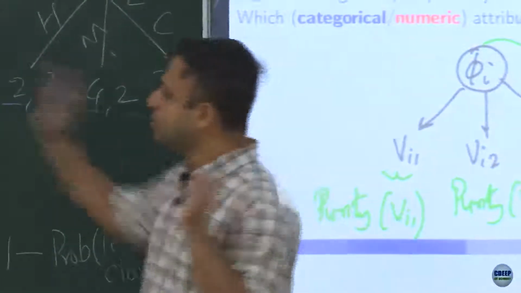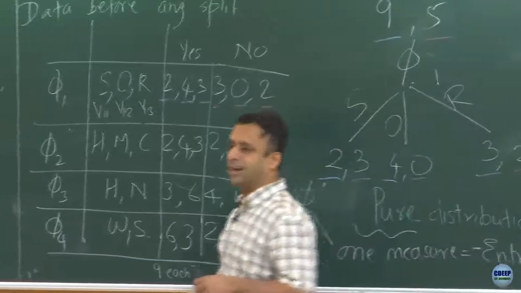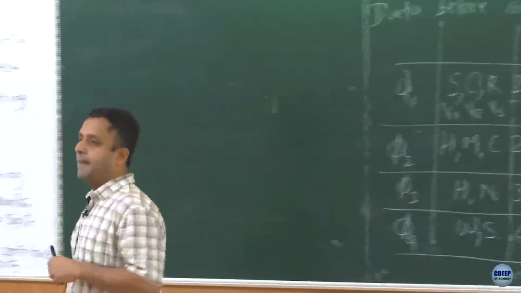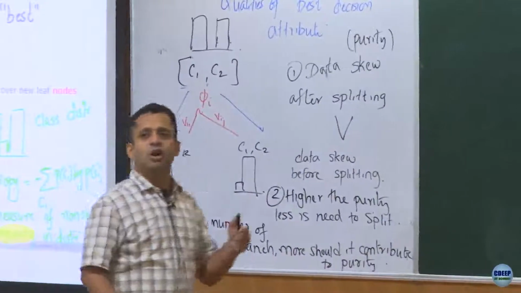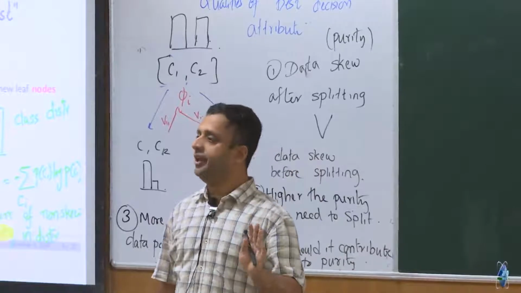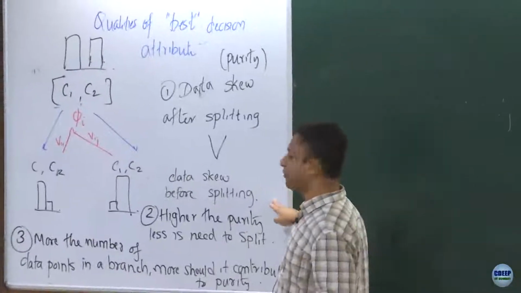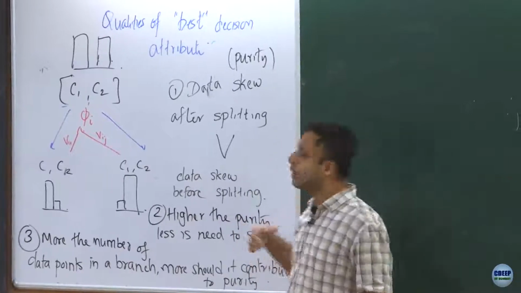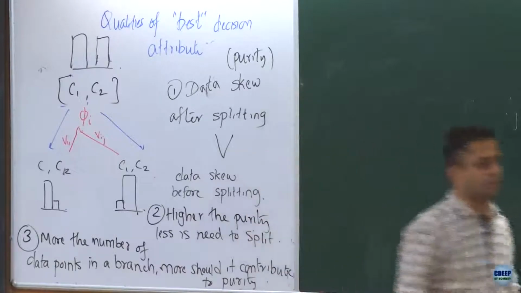So now I want to put all these together into one giant formula. So what would I do? Well, one is to look in terms of purity, but I will discuss in terms of impurity. What do you want? We want the maximum reduction in impurity. When I say data purity after splitting is greater than before splitting, another way of putting this is data impurity after splitting is less than data impurity before splitting.